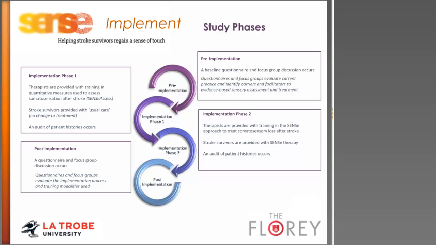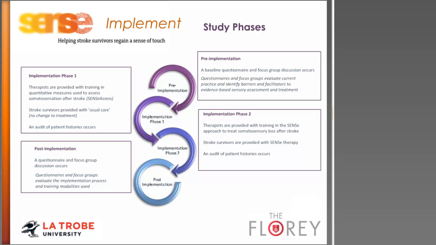So the pre-implementation phase, after collecting some of that information, moves into implementation phase 1. So this is where our research team visit a health organisation, and we provide on-site training in quantitative measures. So phase 1 is all about assessment. So it's a 2-tiered change in practice.